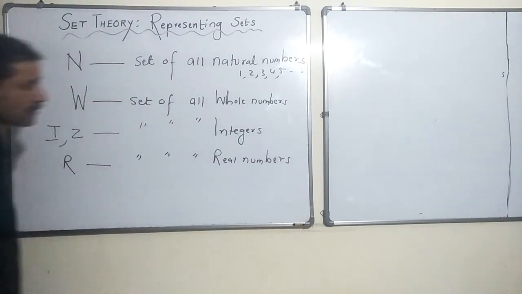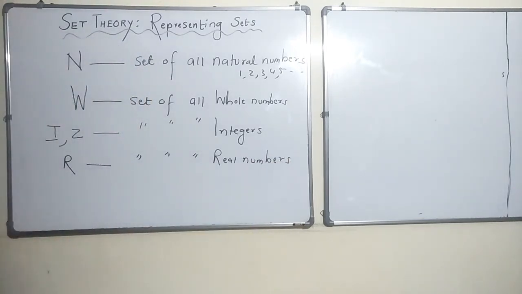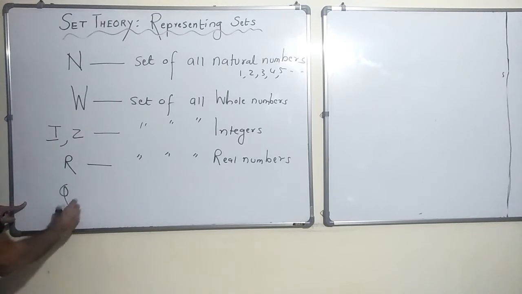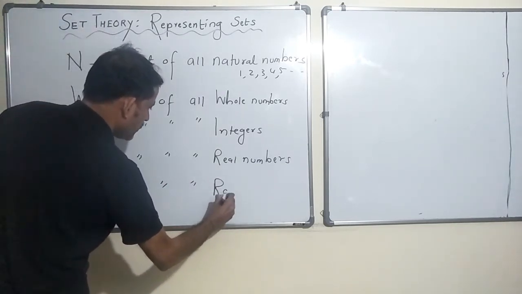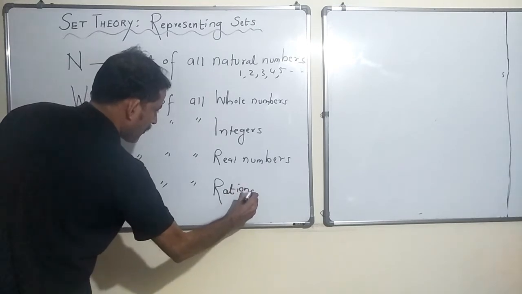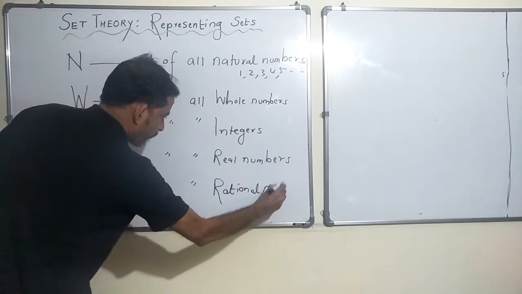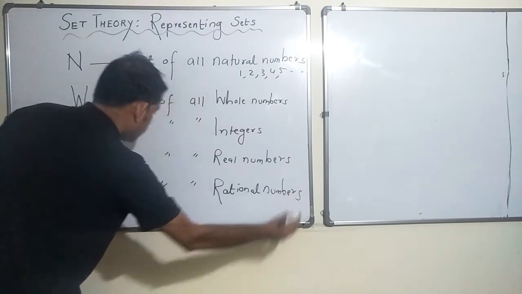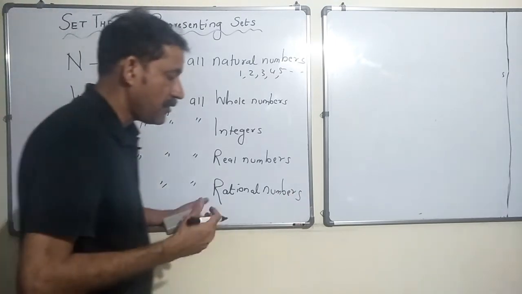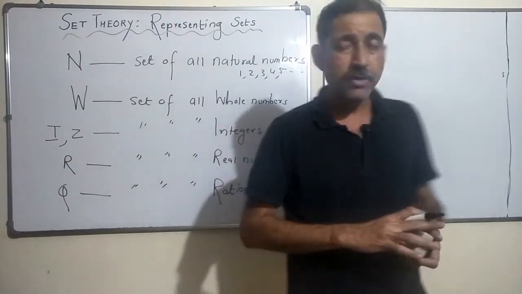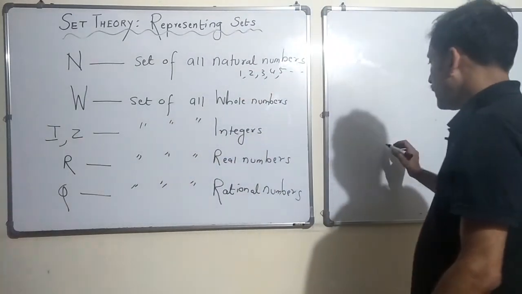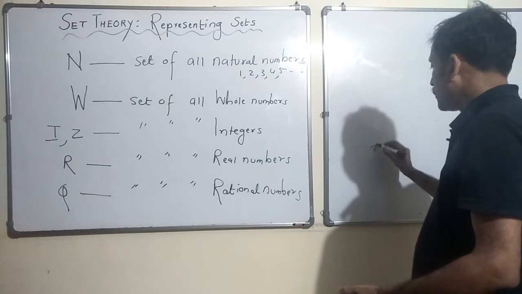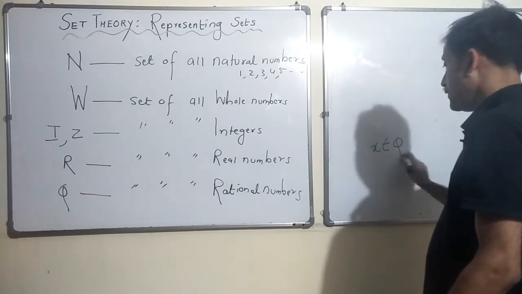Q denotes rational numbers. All this is important, because while writing in the rule method, if they say x belongs to rational numbers, then you need to write this.